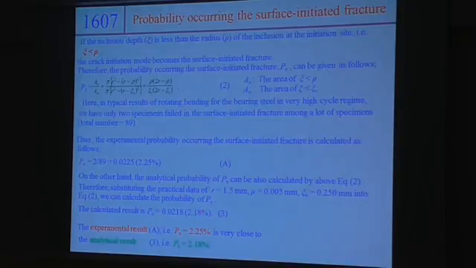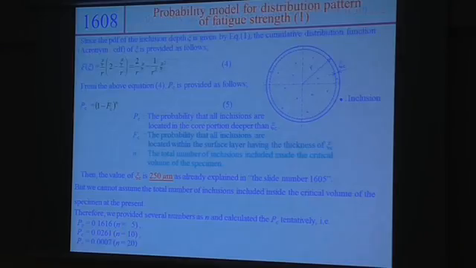The experimental result PS equals 2.25% is very close to the analytical result PS of 2.18%. Since the PDF of the inclusion depth xi is given by equation 1, the cumulative distribution function CDF of xi is provided as follows.